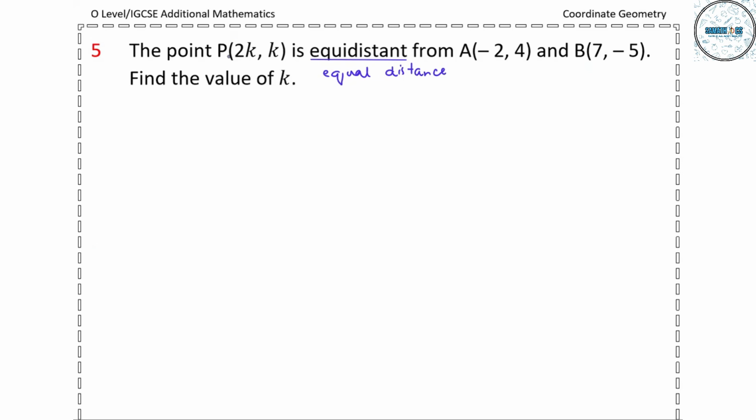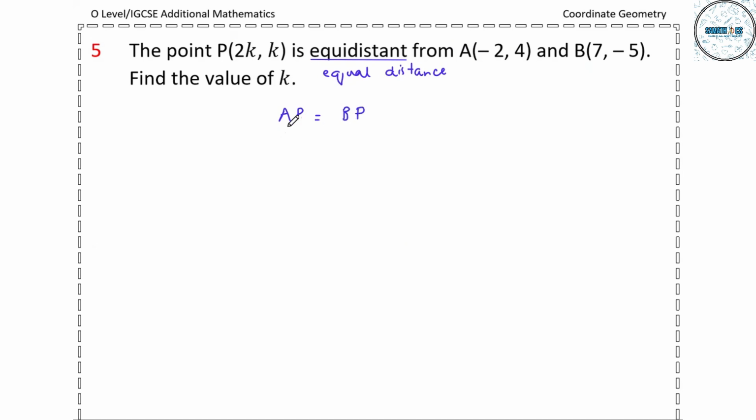So P is at equal distance from A and B. We have to take out the value of k, the constant. As we know, the distance from A to P and the distance of B to P is same. So we can write here AP is equal to BP.